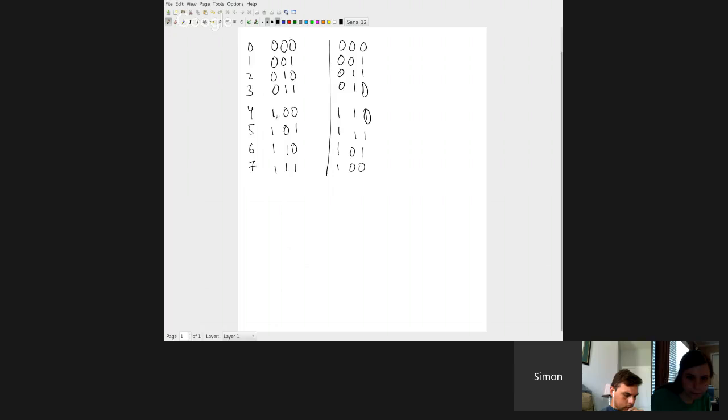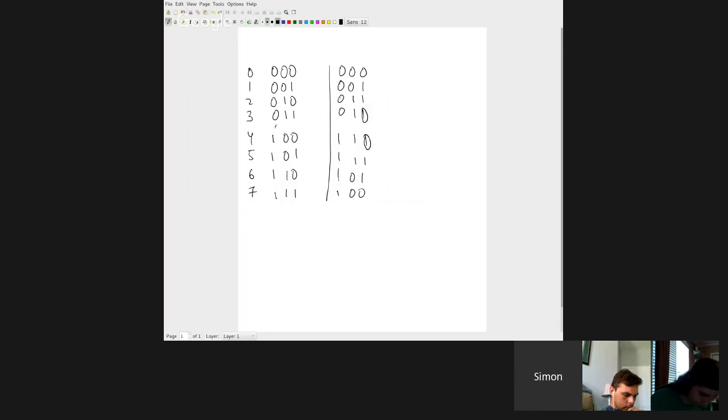And the rule of thumb here is that we always repeat the most significant binary digit. So if you look at the most significant binary digit, in both notations they are exactly the same. So you always start from repeating the most significant bit.